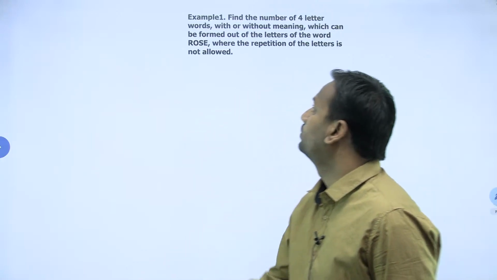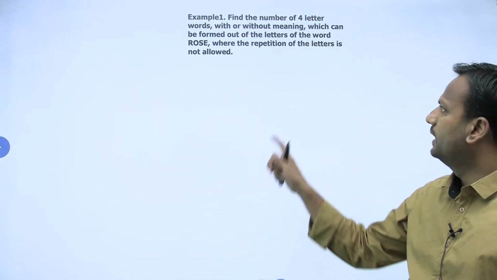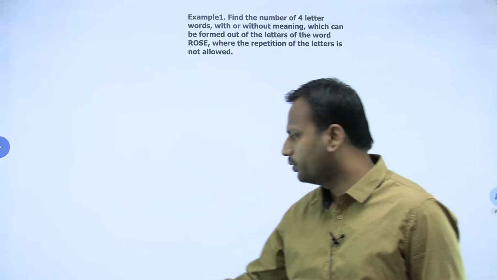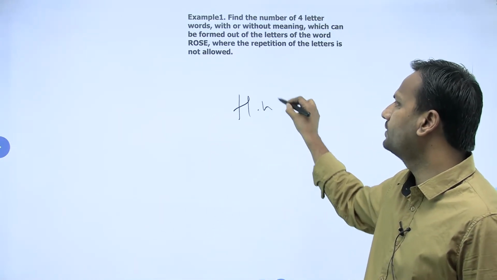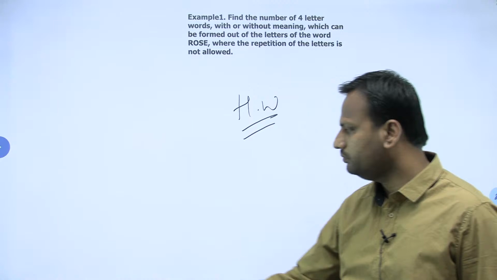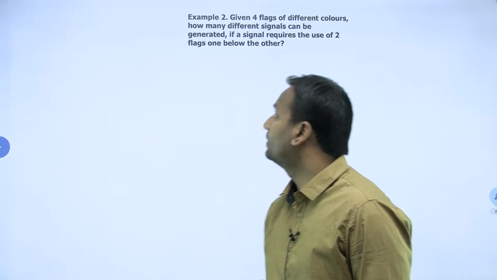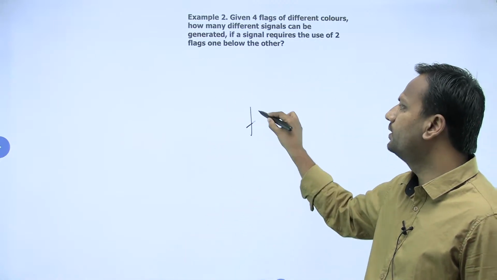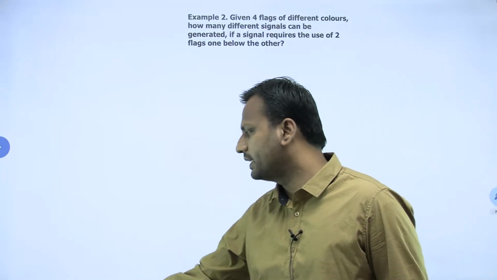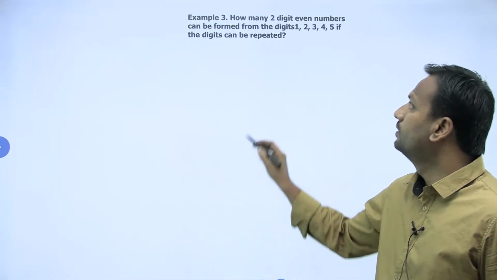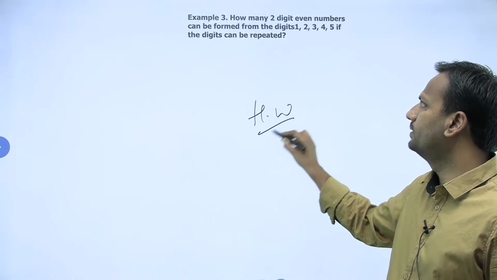So go for the first example problem. It is similar to the first 6 problems there. You can do this as homework, right? The second example problem also, take it as homework, students. It is similar to the 6 problems which I have done, right? This also, you take.